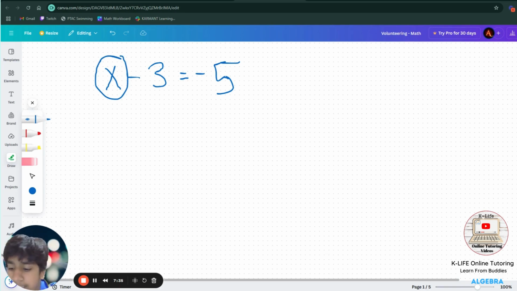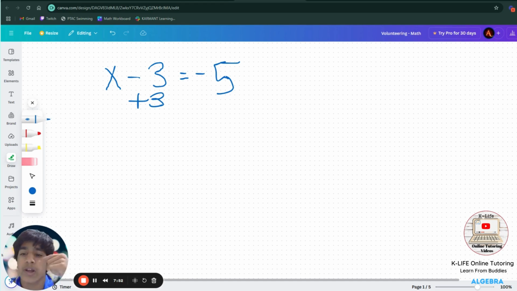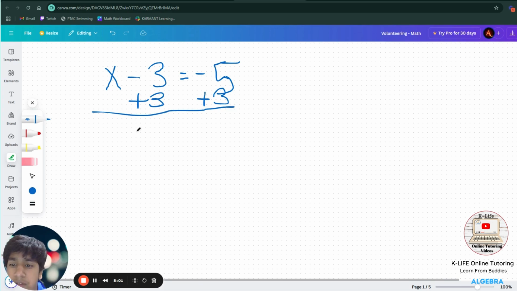So in this case, you'll have to do plus 3 to leave x alone. So minus 3 plus 3 equals 0. And then, as the addition property of equality says, if you're going to add a number on one side, you have to do it on the other side too. So we're going to add plus 3 over here.